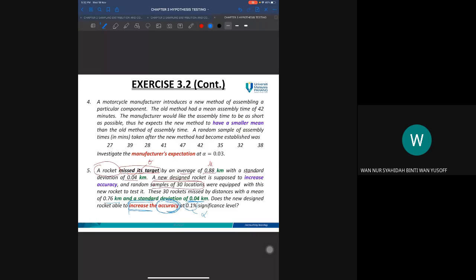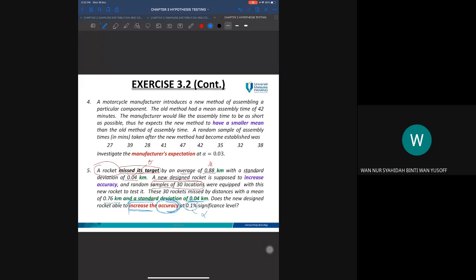So we discussed two terms, accuracy and precision. It is under measure of variation. Accuracy is how close the measured value is to the target. Precision is how close the measured values are to each other.